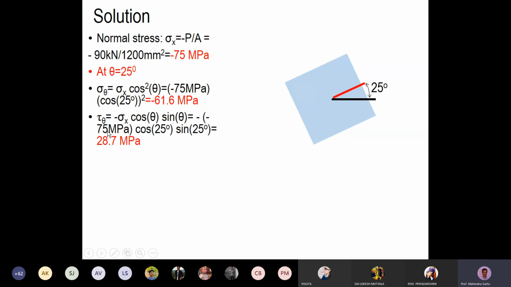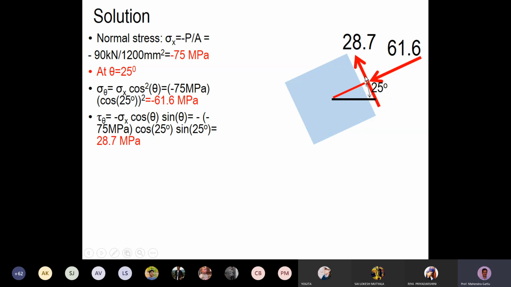So minus and minus 75 will become positive. So we are getting around 28.7. So the tau theta is acting like this. So what we are doing is we are reversing the arrow and removing that negative sign. So this is the compressive stress 61.6, and tau theta on this face is acting in the positive way. So it is 28.7.